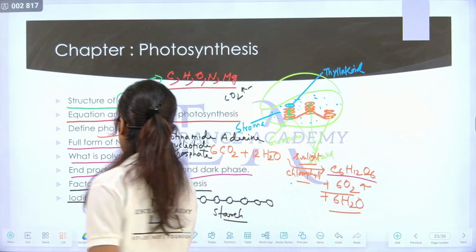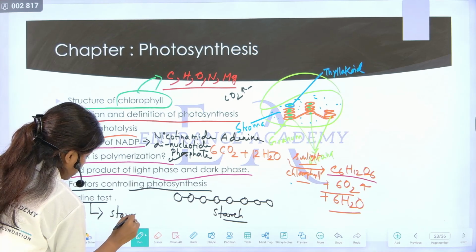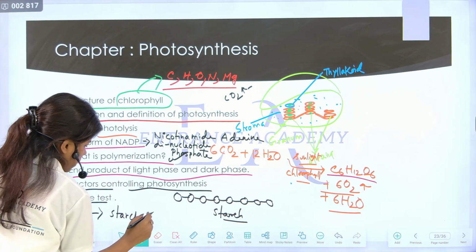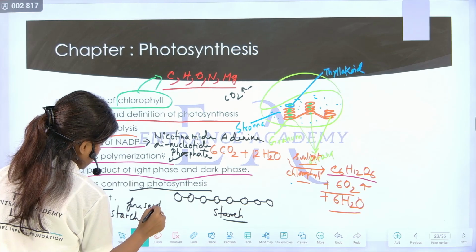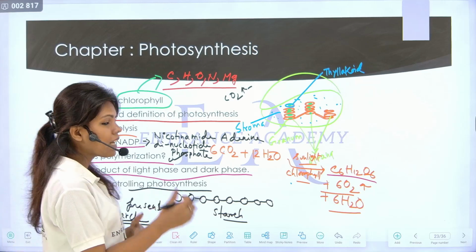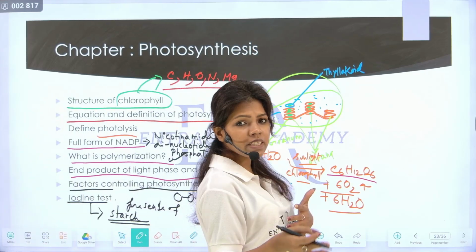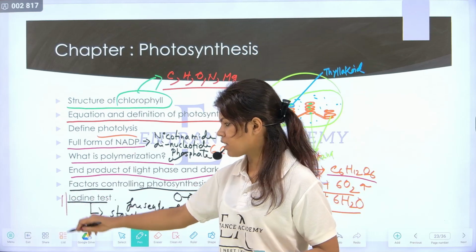We use this iodine test to test the presence of starch in a leaf. So whether starch is present inside a leaf or not is proved by the iodine test. How?